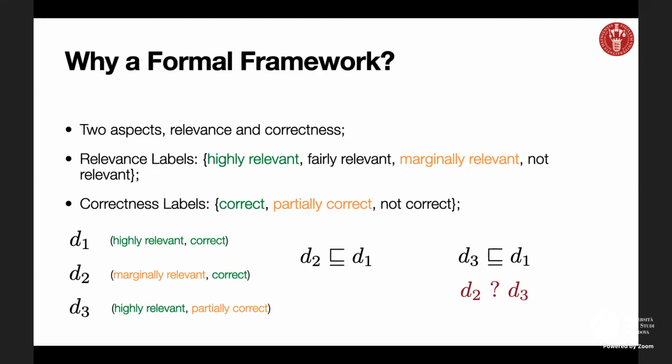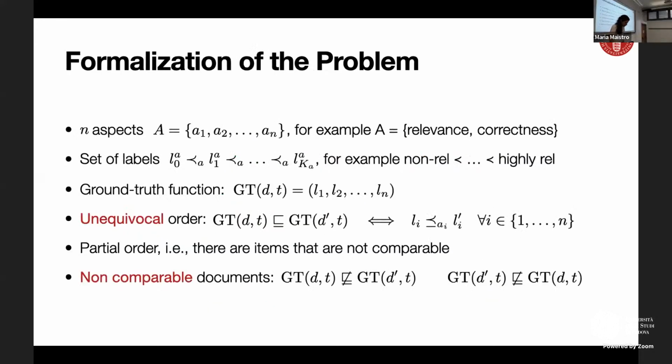But now when it comes to the 2 and the 3, I don't know what to prefer. So now the problem is, do I want a document which is more relevant or which is more correct? So a decision has to be made in this case. And when you compute aggregation measures like average or harmonic averages, it's not clear what the decision is here.